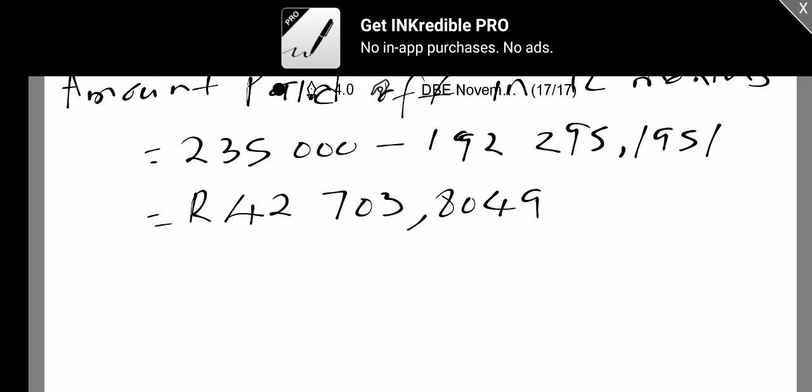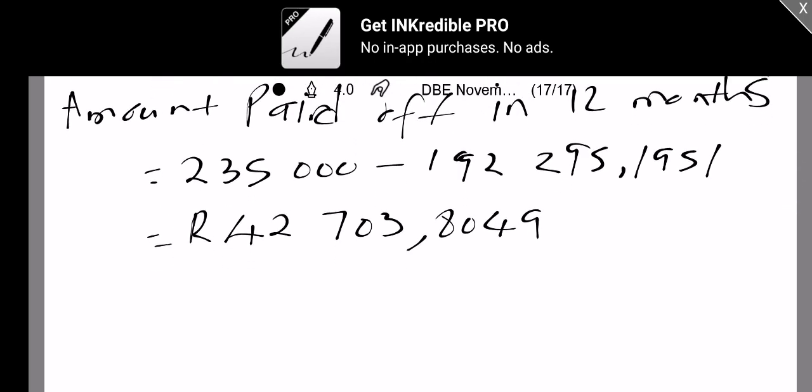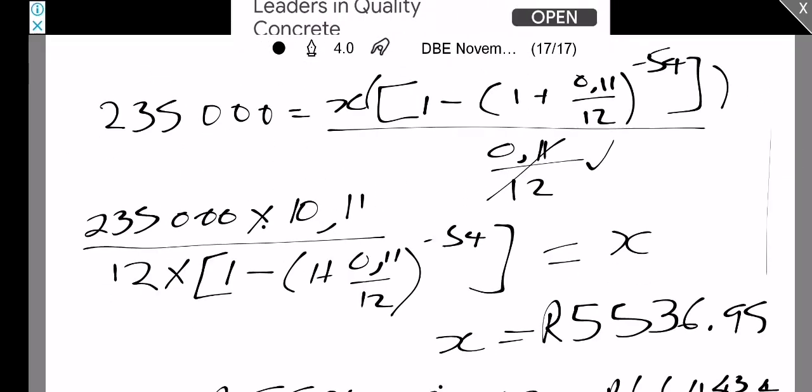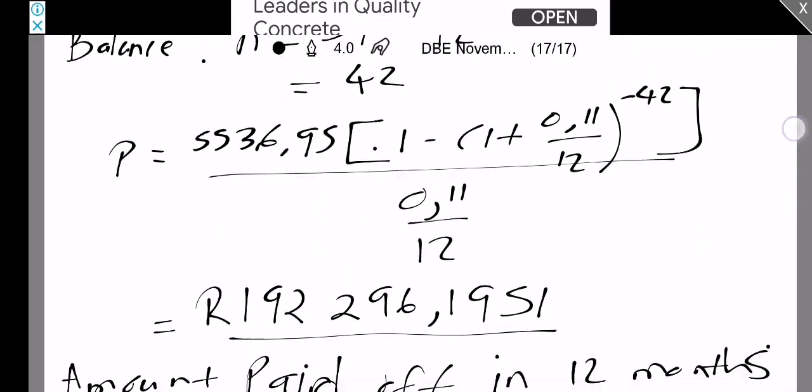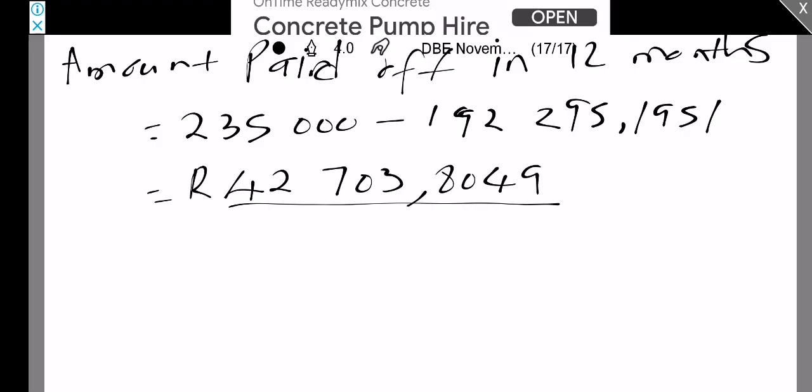This is a metal calculation. Now what is going to happen is that we are going to take this, the number of payments excluding interest. This is the number of payments that John, that Pete would have paid, excluding interest.